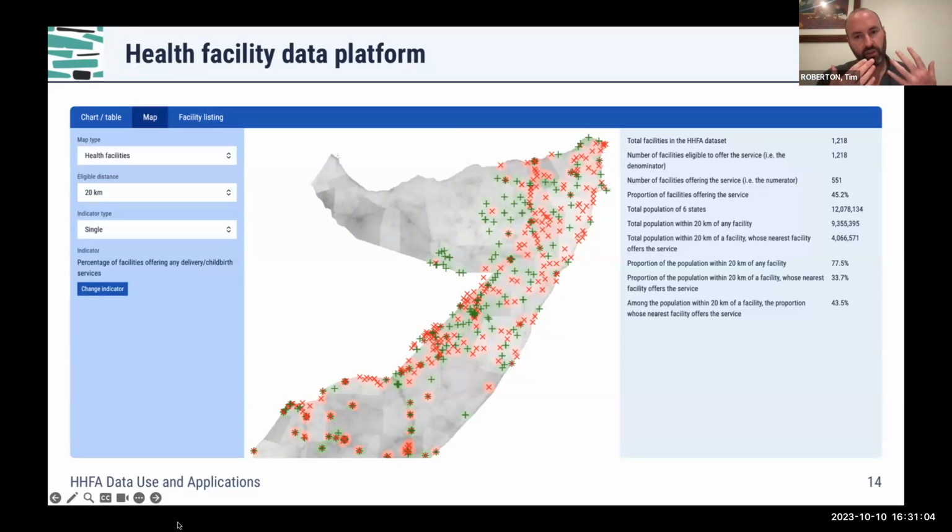With the HHFA, we provide an analysis platform which enables countries to analyze data and generate tables and figures. But what Somalia are doing is creating a bespoke custom web platform where we're housing the data along with the analyzed indicators and layering on top of that the geospatial information that you see here. So now every health official in the ministry will be able to do this sort of analysis for their region.